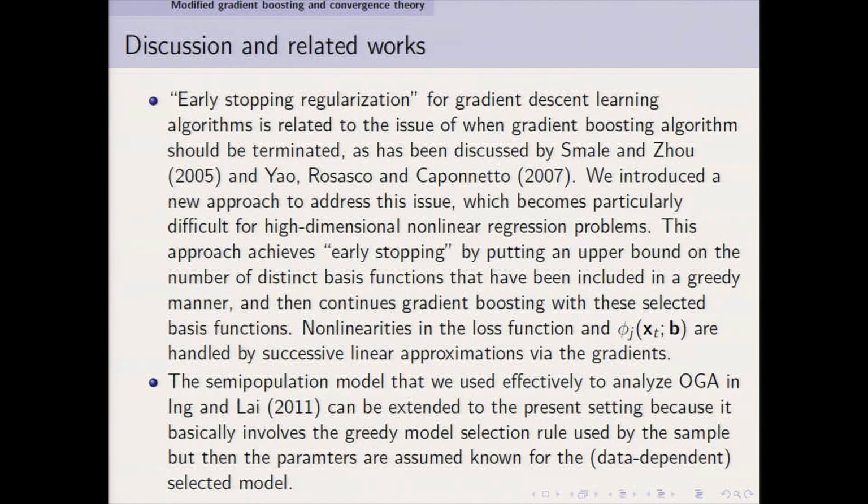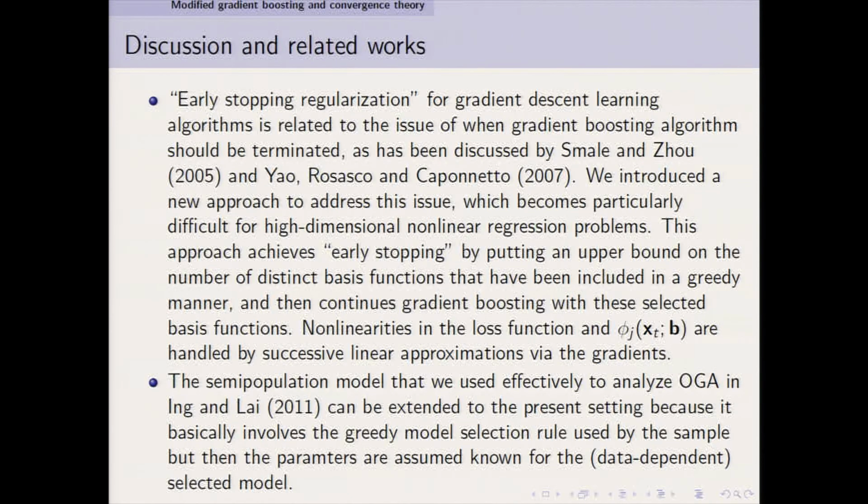The semi-population model that we use effectively to analyze OGA can be extended to the present setting, because it basically involves the greedy model selection rule used in the sample, but then the parameters are assumed to be known for the data-dependent selected model.